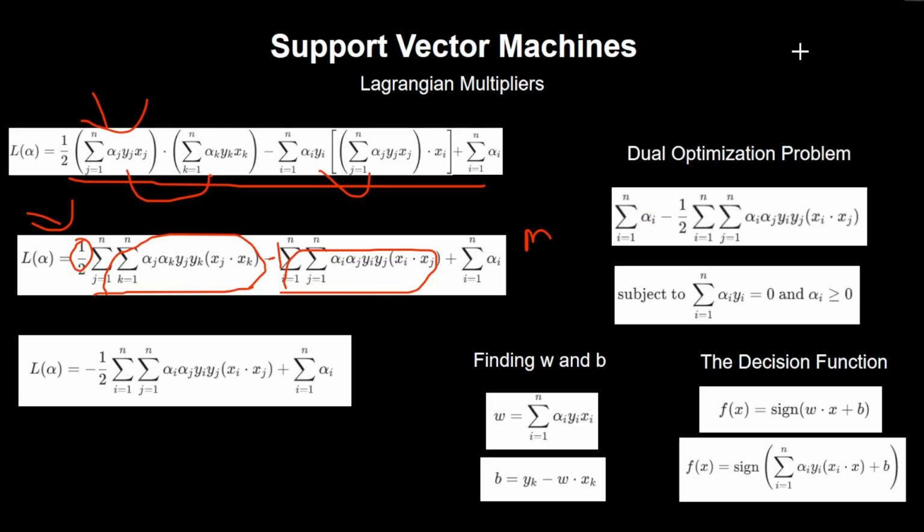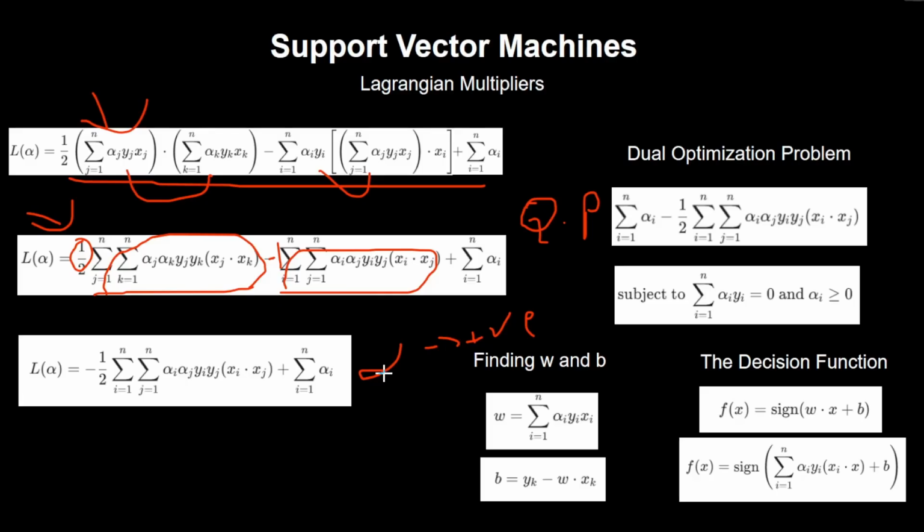Also, another advantage is that this dual optimization problem can be solved easily by computers with quadratic programming methods or quadratic optimization methods. Here we will find the set of alphas that are positive or zero, but we care only about the alphas that are positive, so that the wall exerts force.